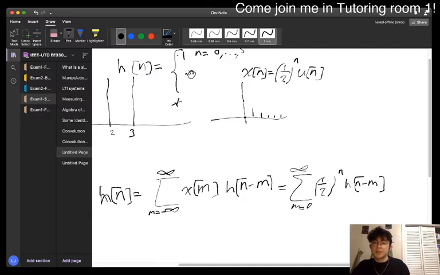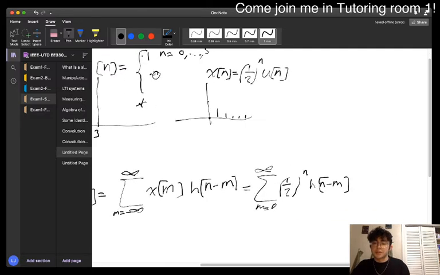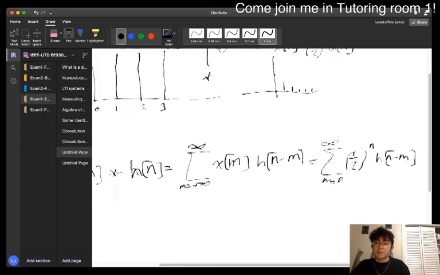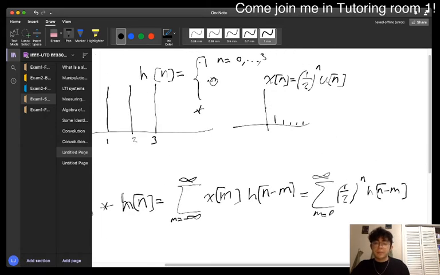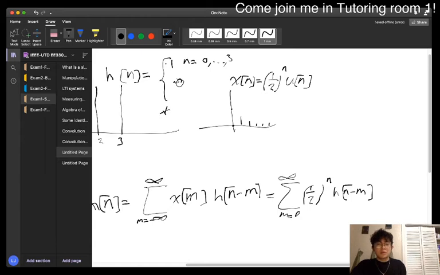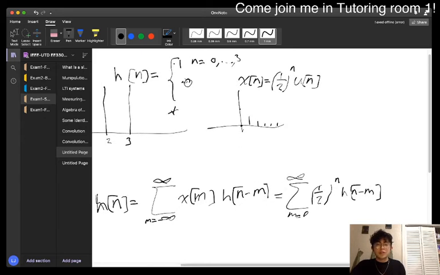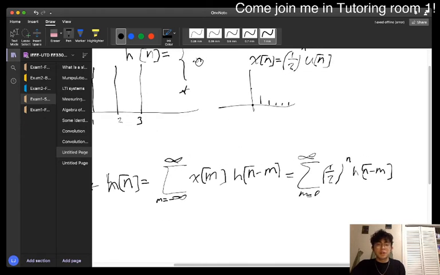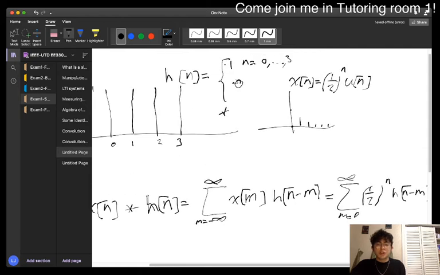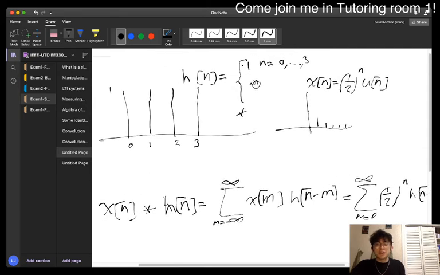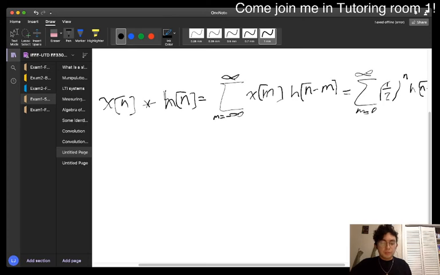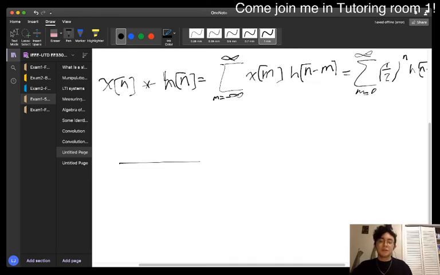And we kind of need to play a similar game to the continuous time. Notice that we want to be able to cut off the top end of this sum at some point. So how are we going to do that? We're going to take our signal and run it across and then figure out the bounds.